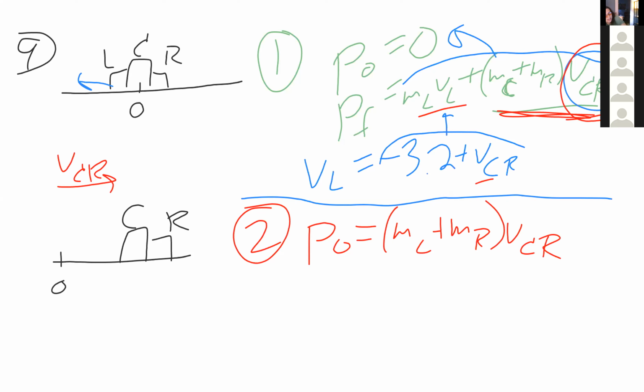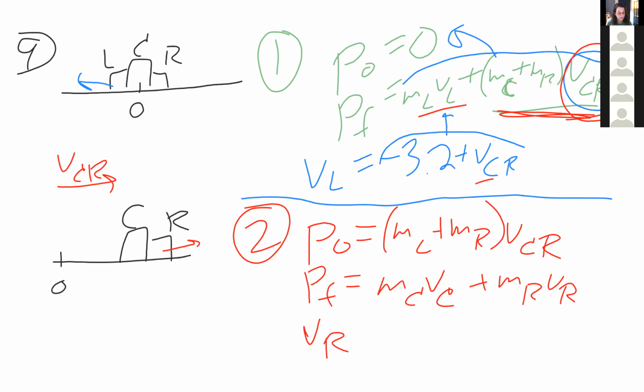What about our final momentum? Well, they tell us that block R now is going to be shot to the right with the same velocity, 3.2 or whatever yours is. That block R will be shot to the right. So my final momentum is going to be m sub C times v sub C plus m sub R times v sub R. And I know that my velocity for R is given as 3.2 relative to the velocity that C has after the explosion.